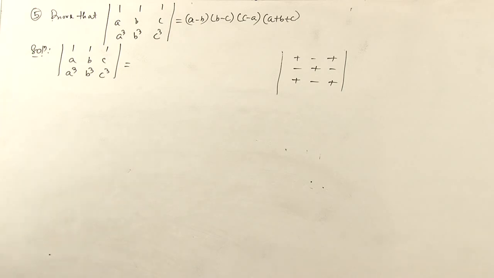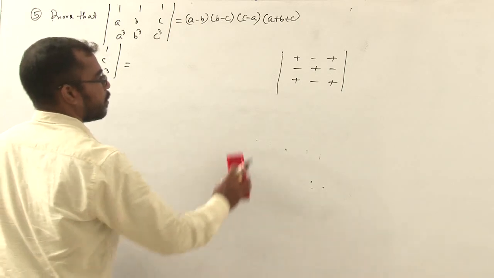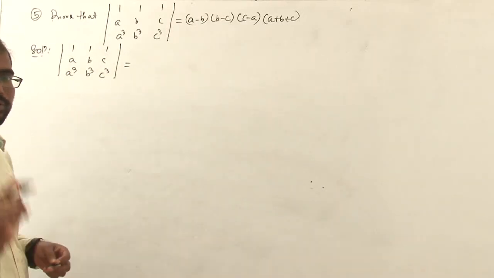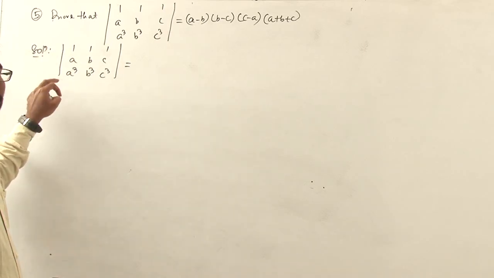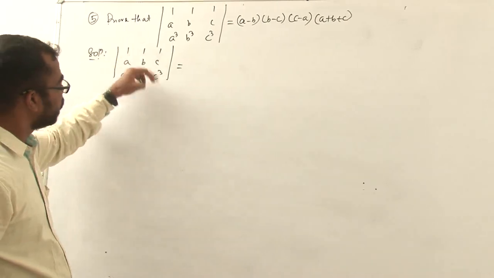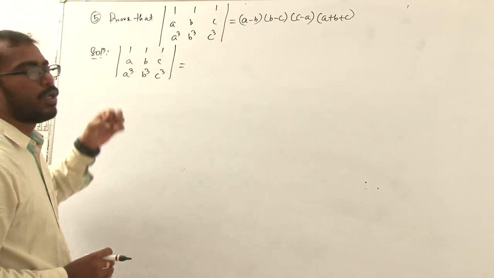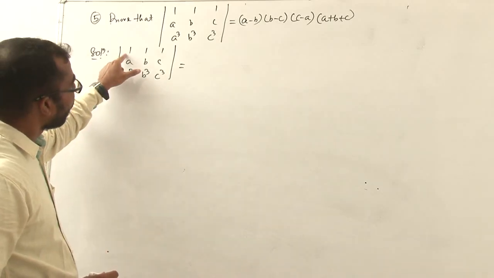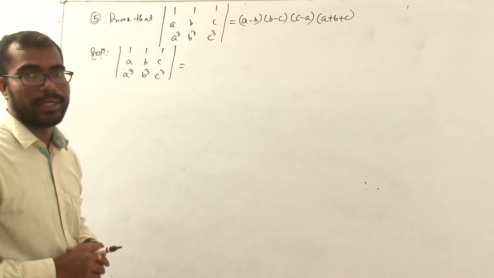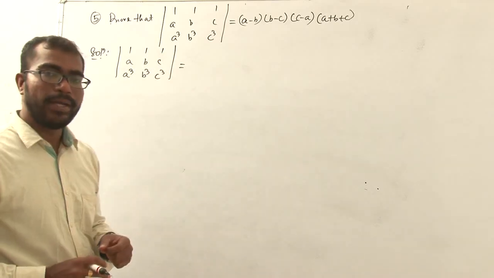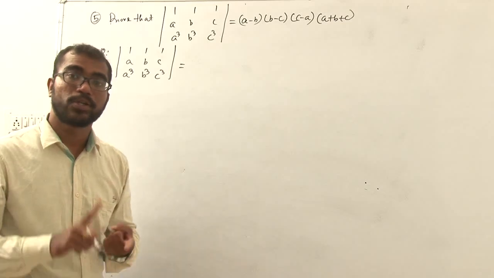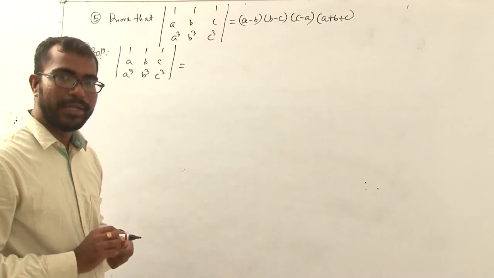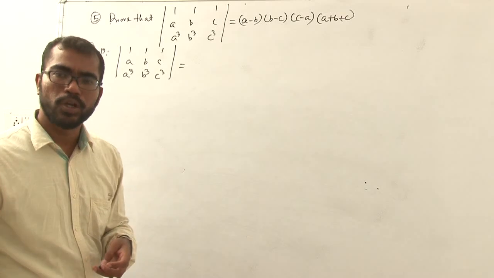So here you can see, in the previous session we discussed: if any rows or columns are the same, first we think about taking common or not in this problem. Here you can see there is nothing common in any rows or columns. But in the first row all the elements are the same. If all the elements of a row are the same, then you have to subtract column from column.